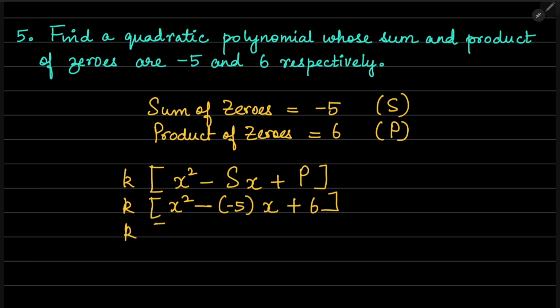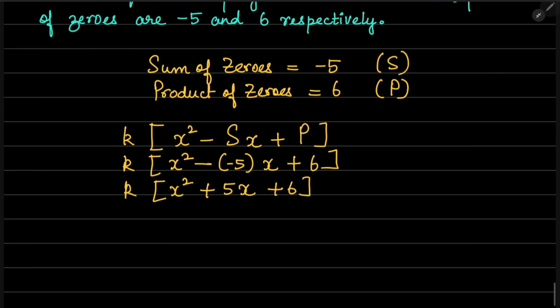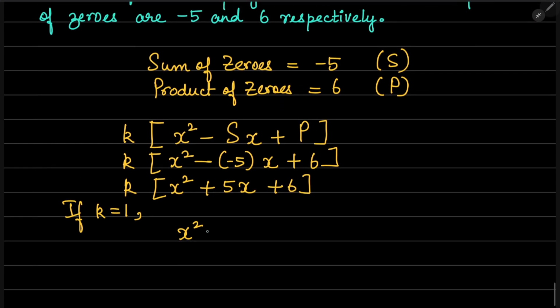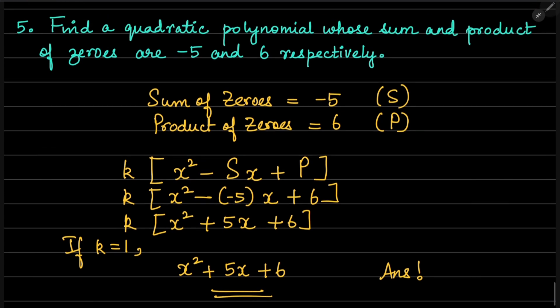So k multiplied by x square plus 5x plus 6. When k equals 1, the quadratic polynomial will just be x square plus 5x plus 6. And that's your answer. Very easy. If you know the sum and the product of the zeros, you can directly write the quadratic polynomial.